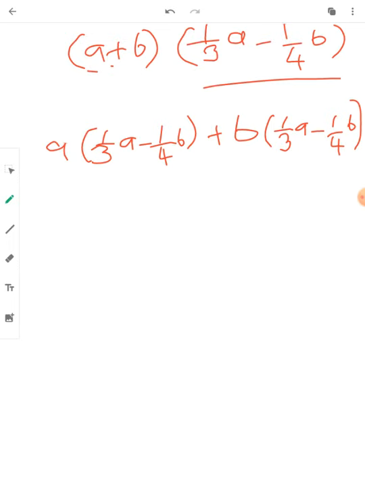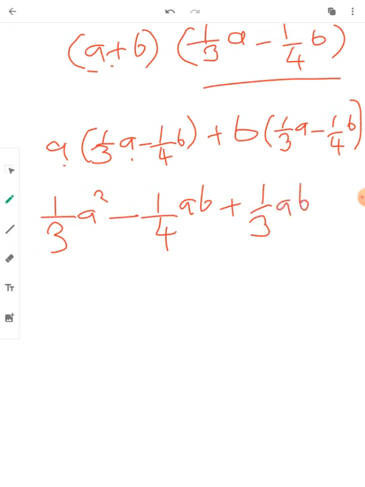So 1/3 a times a is a squared, minus 1/4 a times b is ab, plus 1/3 ab plus 1/4 b times b is b squared.